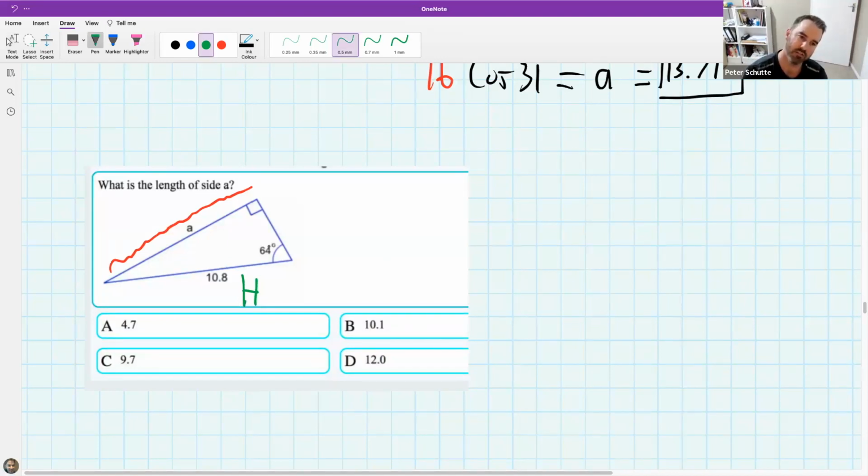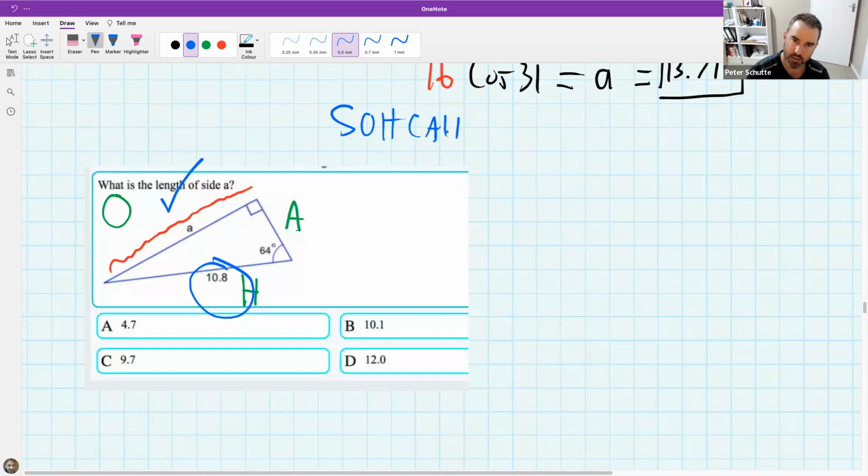Now you've given this angle here, so I guess this would be called an O in the big letter sense, and then this would be an A. And I want this one, and I'm given this one here. So it feels to me like the trig ratio that I need, and it might be helpful to write these out, SOHCAHTOA, it feels to me like the O and H is involved in this one.